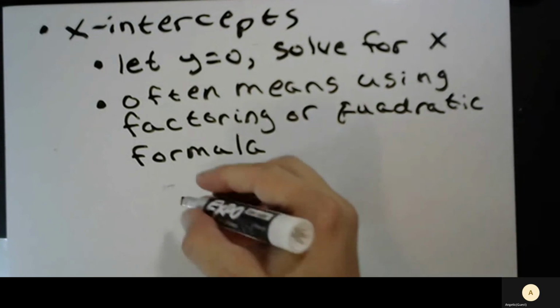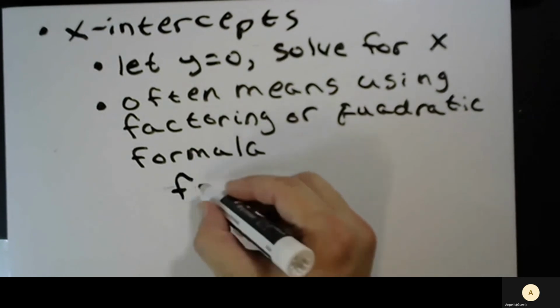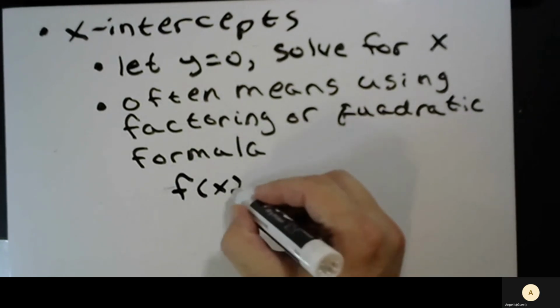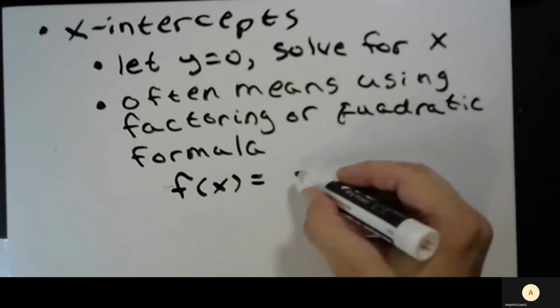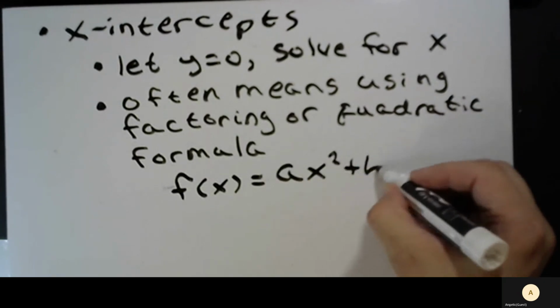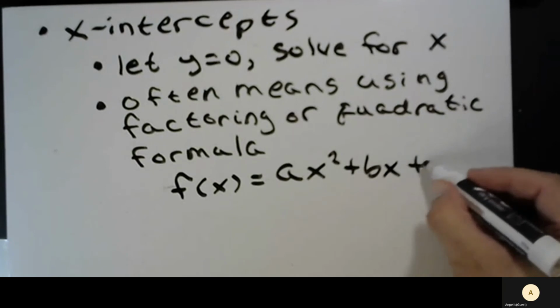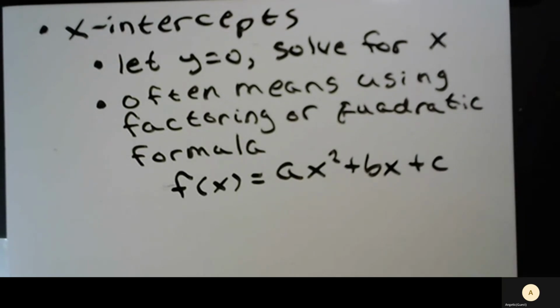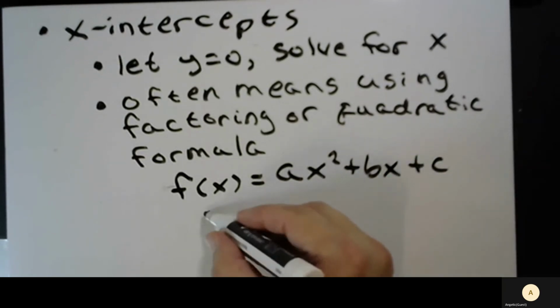And so what we're going to get is f of x, which equals ax squared plus bx plus c. And I'm going to solve a different quadratic first before we solve the one we've been working with.